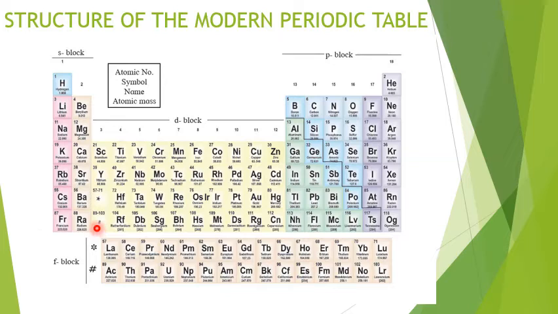They are put here. Understood? And further, till 118 elements were discovered, all of the 118 elements have been classified successfully in the modern periodic table. Further structure we will be seeing in the next slide.